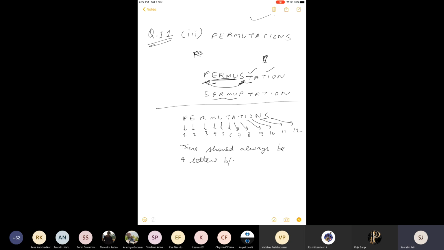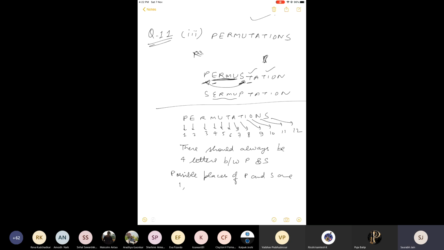Then, as he suggested, let us write all the possible positions where P and S can be present. If P is at the first position, listen carefully, then S must be present at the sixth position.